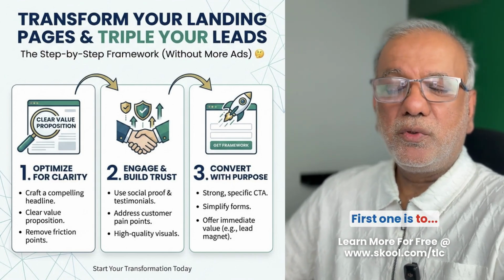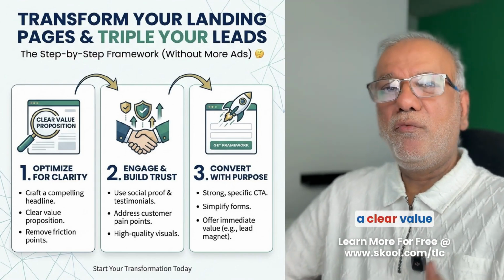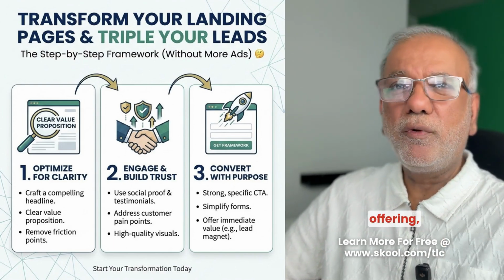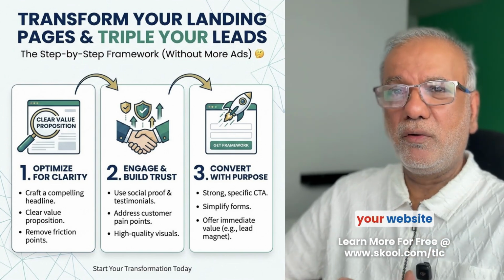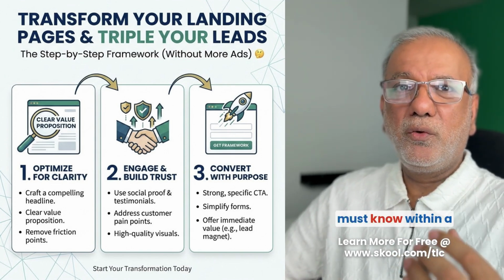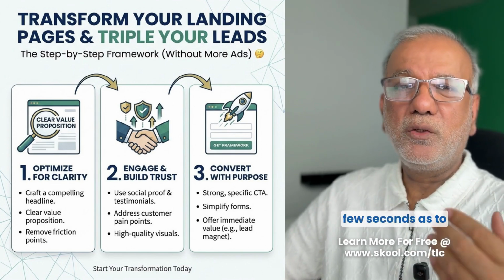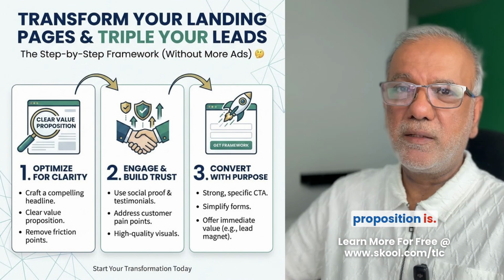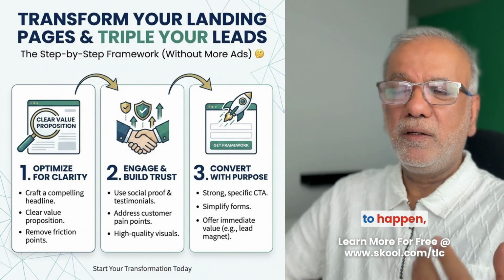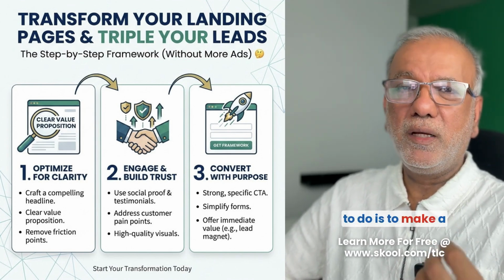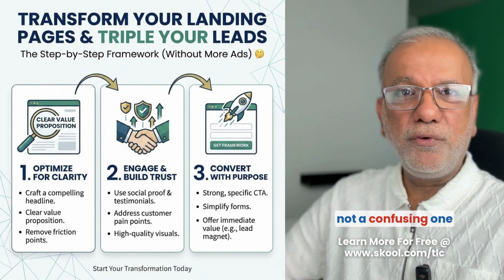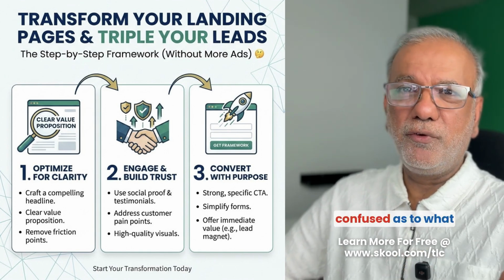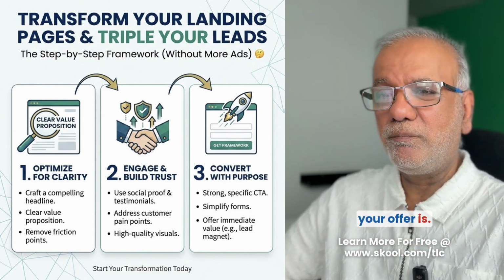First one is you've got to have a clear value proposition, what you're offering, what you are selling. So the visitor who has clicked on your ad and come onto your website must know within a few seconds as to what your value proposition is. So for that to happen, first thing you need to do is to make a really compelling headline, not a confusing one where people are confused as to what your offer is.